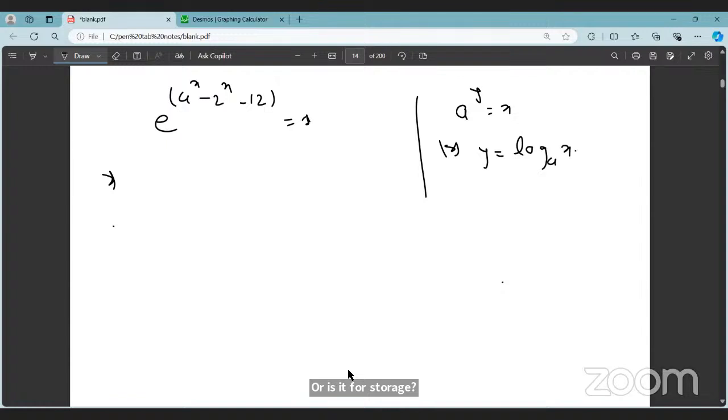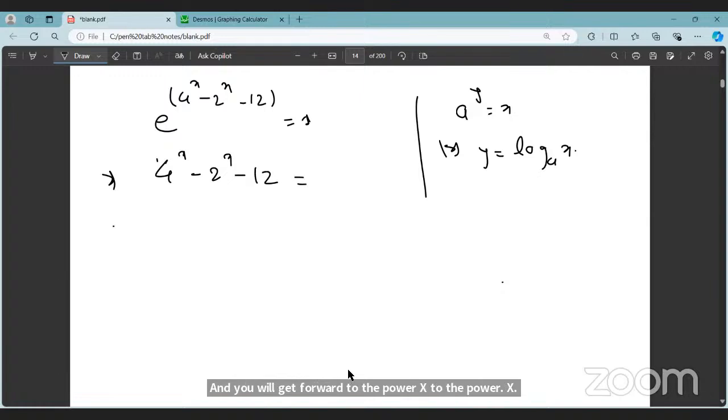So here, just compare the variables, and you will get 4 to the power x minus 2 to the power x minus 12 equals log base e, so it will become ln of 1. We know ln of 1 is 0.